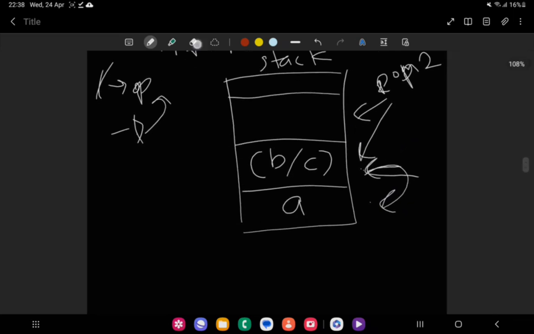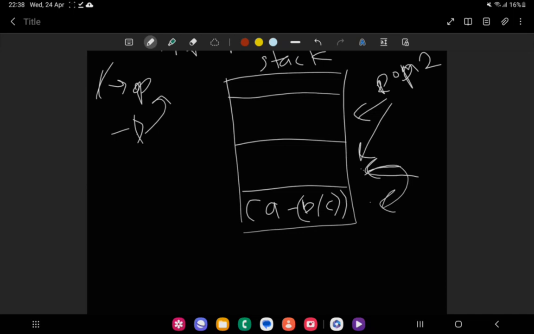We have A minus open B slash C close, just like the group, right? So postfix is just like grouping, combining when you find the operator, right?